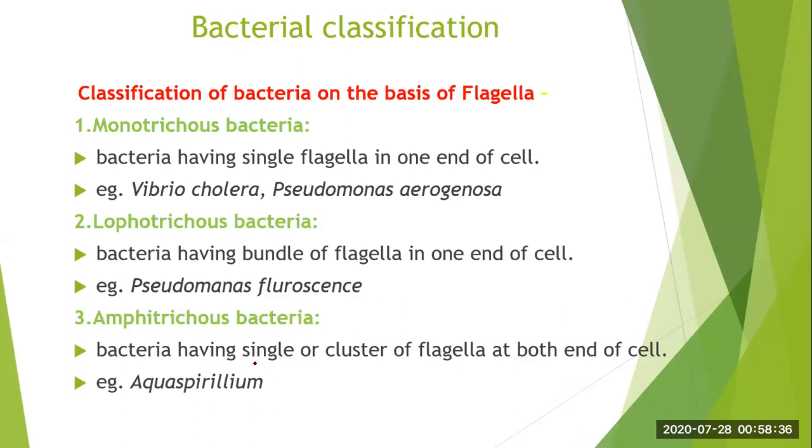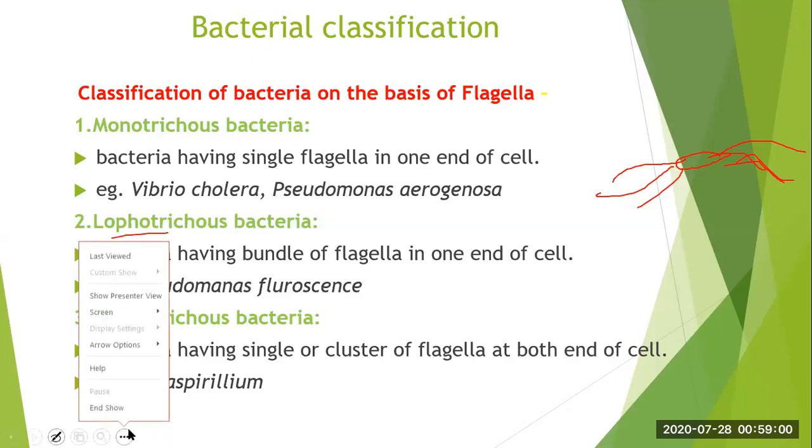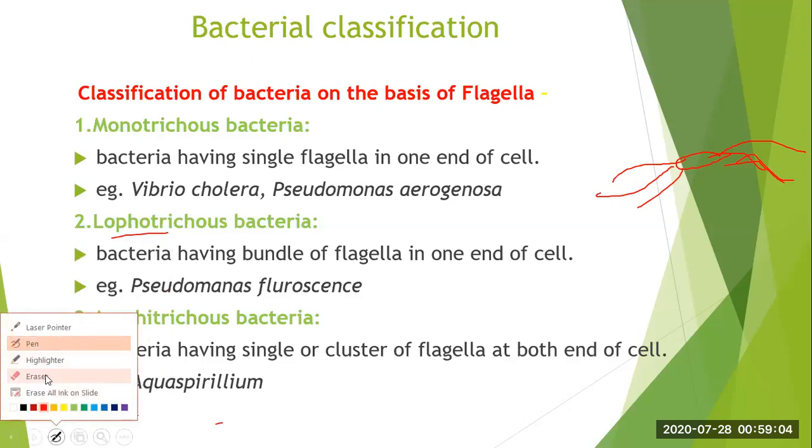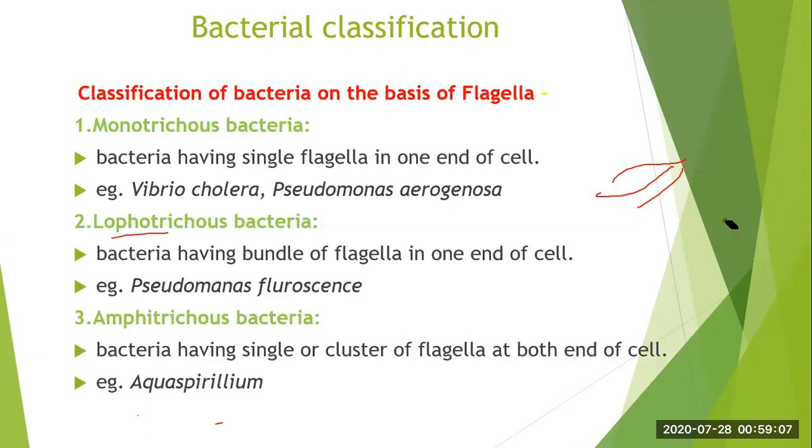Then Amphitrichous means bacteria having a single flagellum or a cluster of flagella at both ends of the cell, for example Aquaspirillum. Lophotrichous means having a bundle of flagella at one end of the cell, like Pseudomonas. Then Monotrichous means a single flagellum at one end of the cell, like Vibrio cholerae.